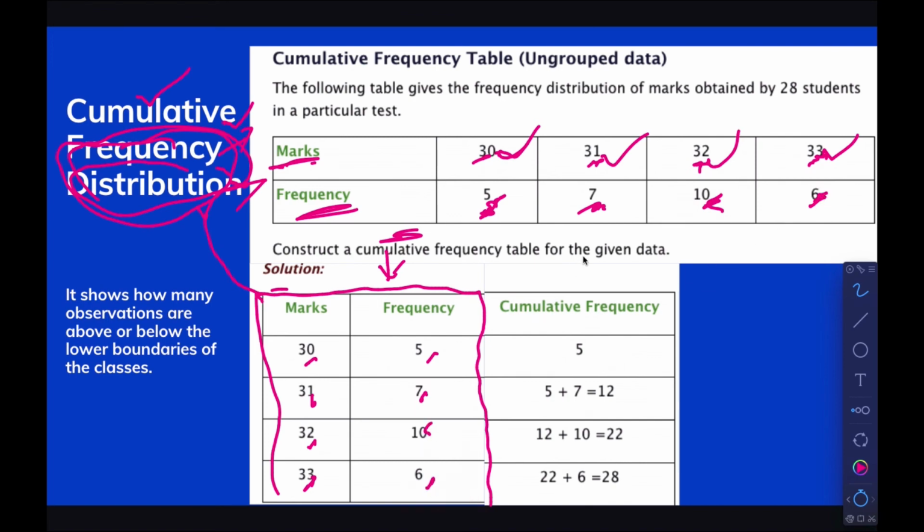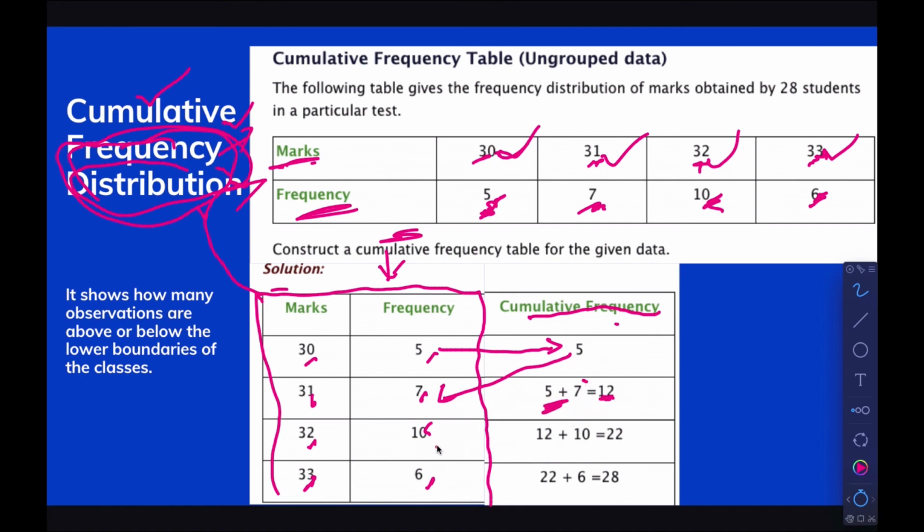What we're going to see is this cumulative frequency. It means that we just continuously add them cumulatively. The first frequency is 5. The next cumulative frequency is the 5 plus the next frequency, 5 plus 7, which gives you 12.